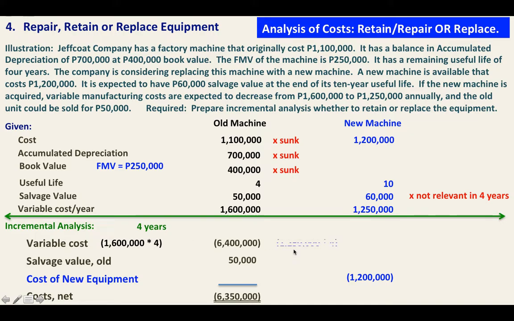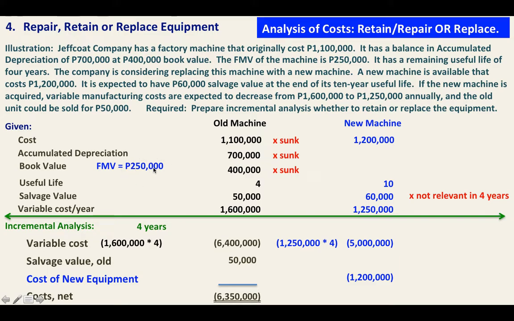So here, 1,250,000 times 4, then under the new machine, the variable cost will be 5 million. Okay. Plus, take note that if we are going to buy the new machine, it means that we can already sell the old machine. So if we have sold it, we will generate 250,000 income.